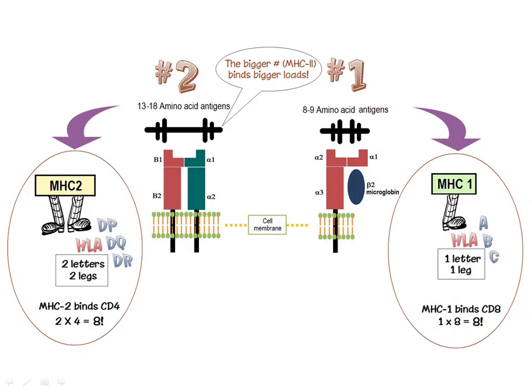Well, this caricature picture and mnemonic helps you to distinguish the key characteristics of MHC1 and 2. First and foremost, MHC1 is a smaller number, and as such, the MHC1 can present proteins that have only 8 to 9 amino acids.